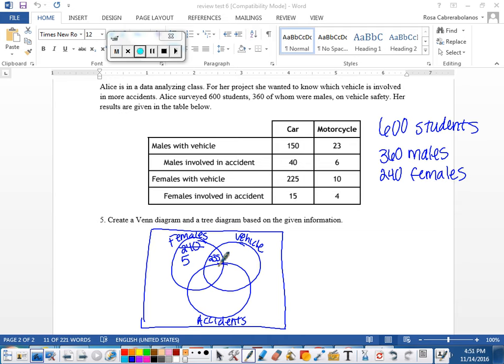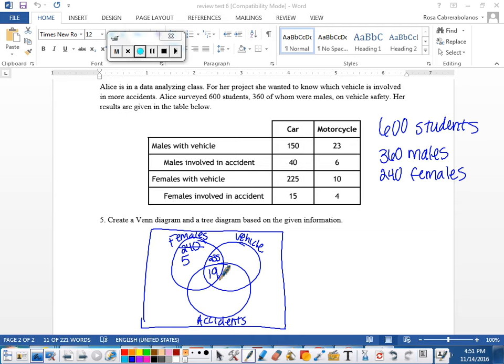And then I'm going to fill this circle in, that part. That's females with a vehicle with an accident. That's this right here, 19. So 19 goes here. But if I put a 19 right there, then I also have to subtract it from that 235. 235 minus 19, I want to say that's 216.